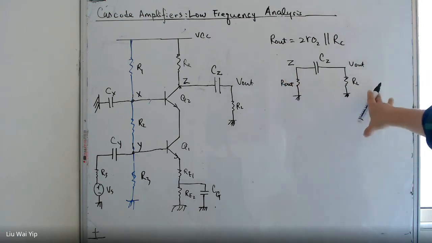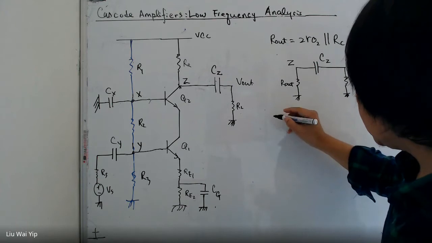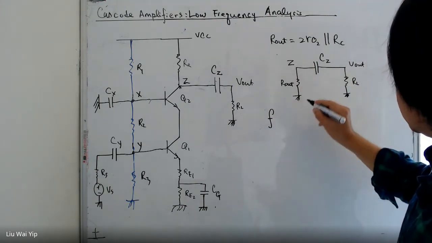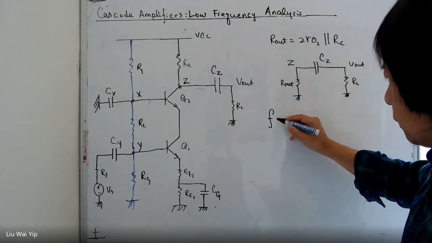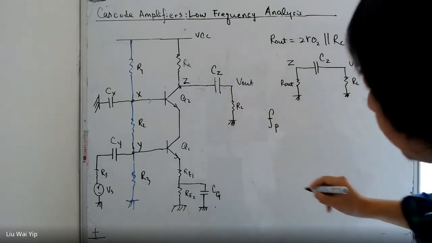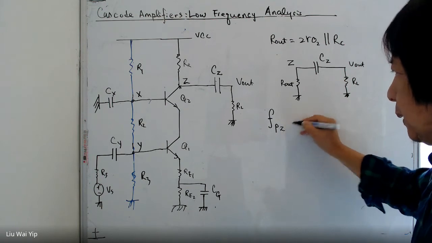The pole associated with this network, with this capacitor CZ, is going to be, I don't know what kind of name I should use, normally maybe just PZ.